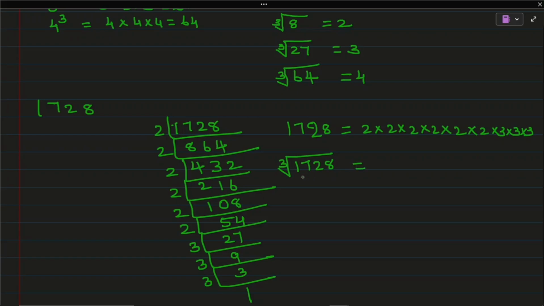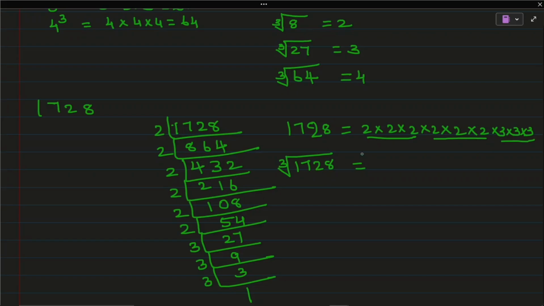Now for finding the cube root, first we have to do the grouping, that is with 3 same numbers. First group, 3 numbers should be there and those 3 numbers should be the same also. Now again make a group of 3 numbers and all 3 numbers should be the same. Again a group of 3 numbers. Here also all 3 numbers are the same.